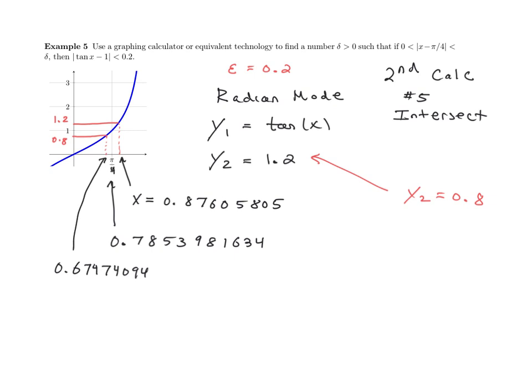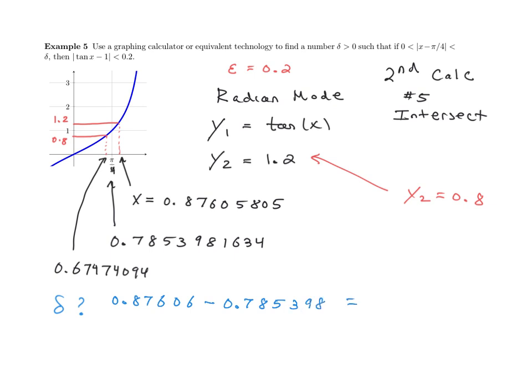Okay, so here are my choices of delta. The question now is, what can delta be equal to? And we have two choices. It's either this minus this, or this minus this, and I'll choose the smaller of the two. So first, I'm going to subtract these two x values. It could be 0.8760, I'll round and say 6, minus 0.785398.